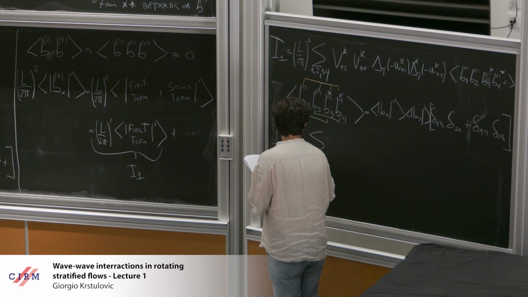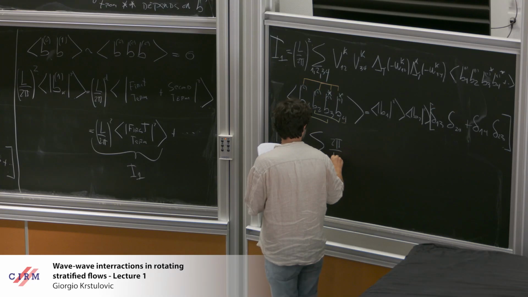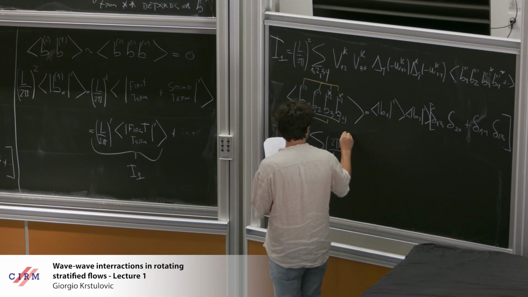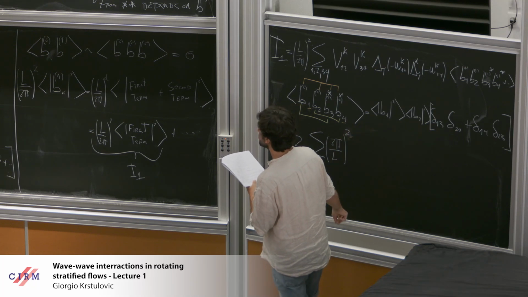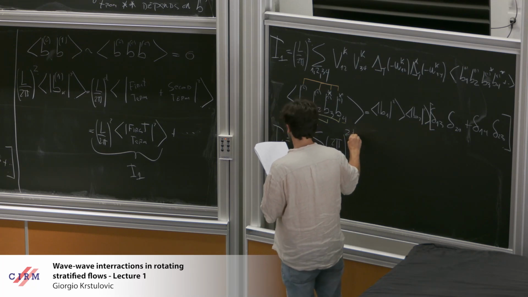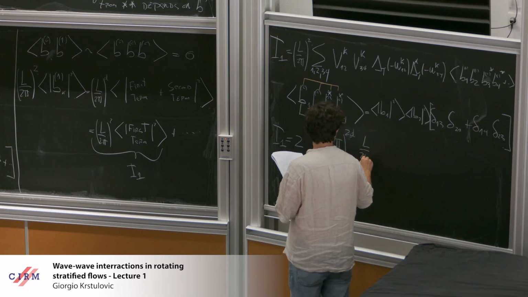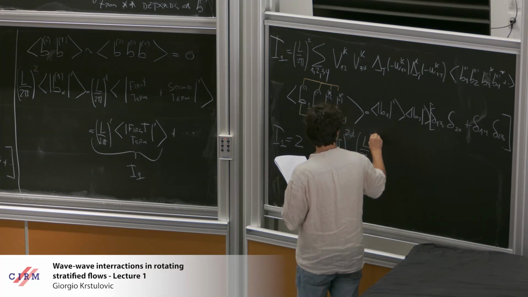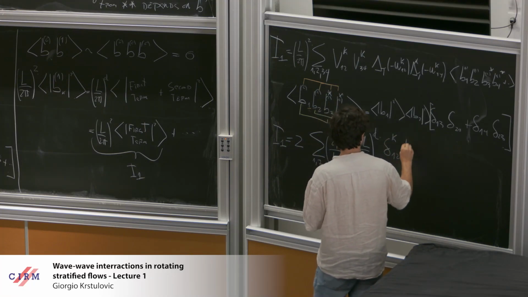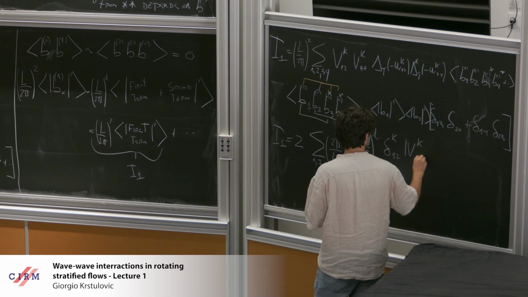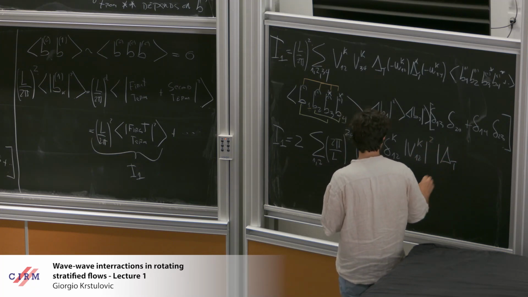Sum of 1 and 2. Just this I will write: 2 pi over L to the power 2d, times L to the power d, delta k 1, 2, this delta here.